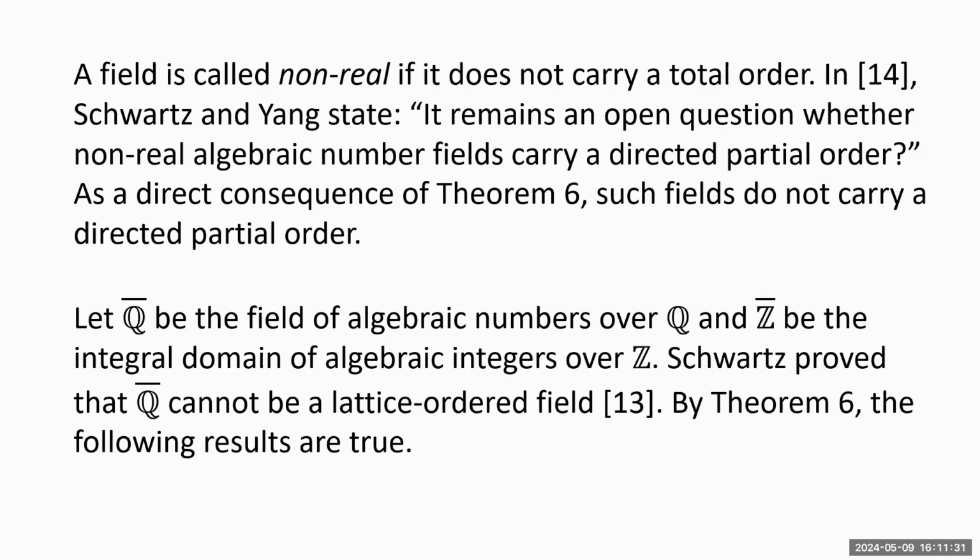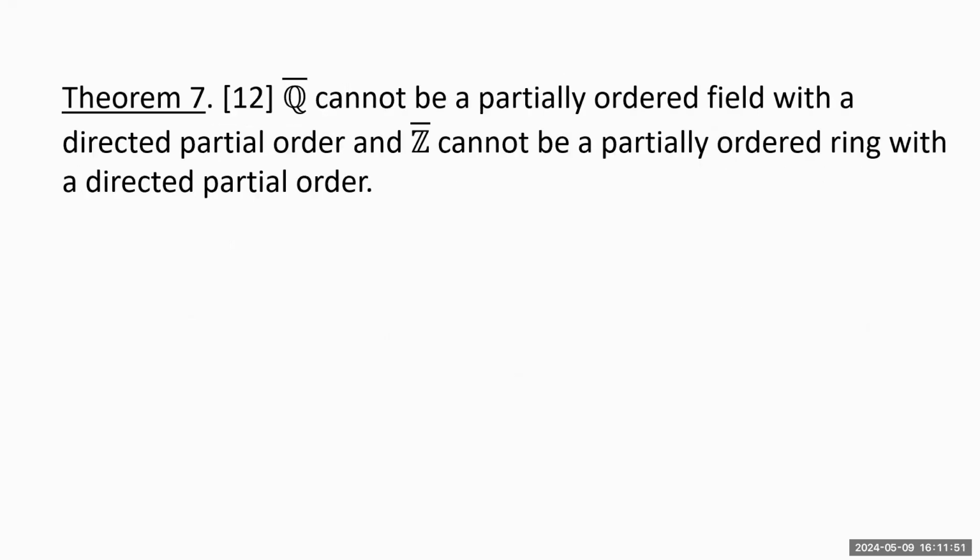Also, let Q bar be the field of algebraic numbers over Q, and Z bar be the ring of algebraic integers over Z. Then Schwartz proved that Q bar cannot be a partial order field. Now by using theorem 6, Q bar cannot be a partial order field with a directed partial order. And Z bar cannot be a partial order ring with a directed partial order because, for example, for Q bar, if there is a directed partial order, then again it contains a directed maximum partial order.